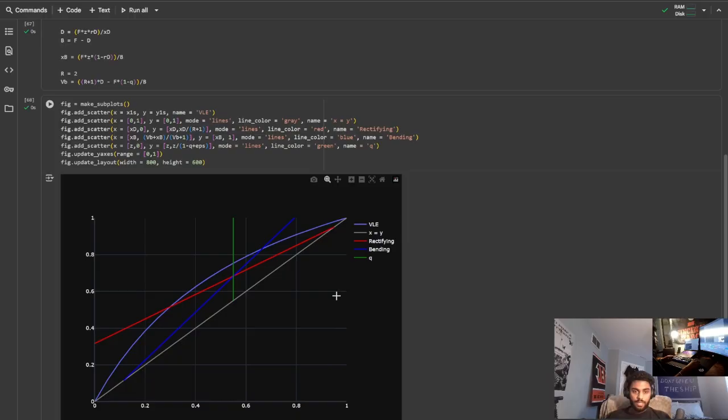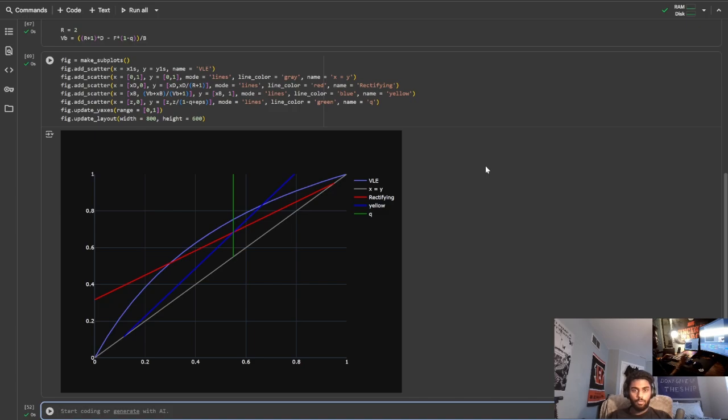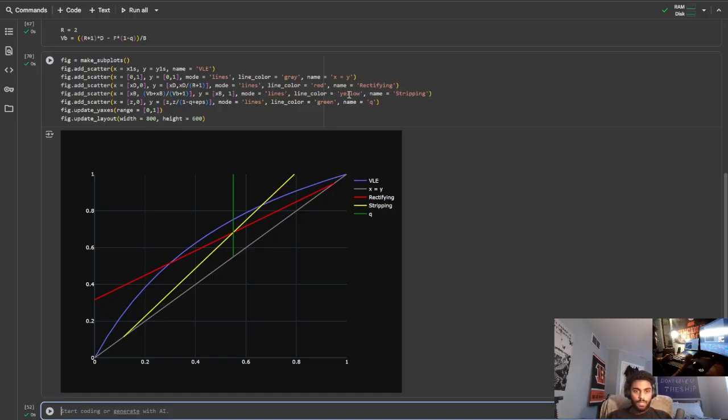So now we see we have 3 intersecting lines. We'll set this to yellow. Oh no. The name is stripping, and I want the color to be yellow. And there we go.